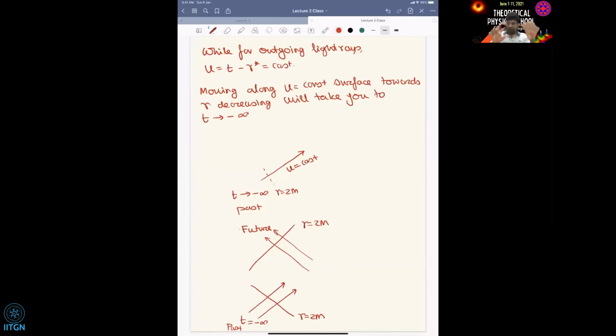What happens to them, we'll discuss later. We have to think about what happens at r equal to 0. Whereas outgoing light rays originate inside r less than 2m, but in the asymptotic past.